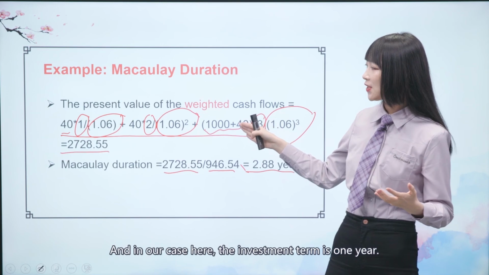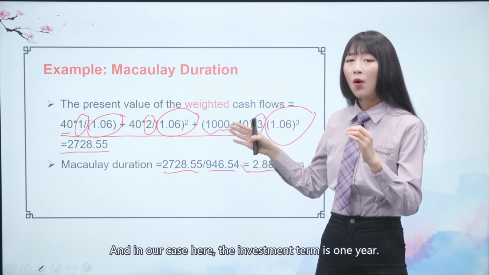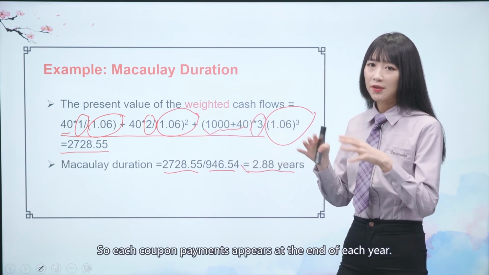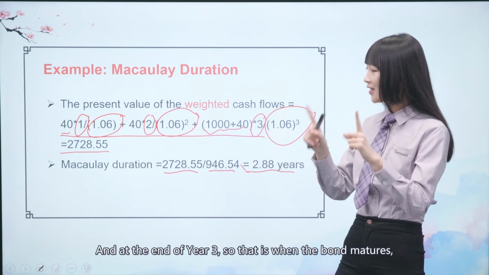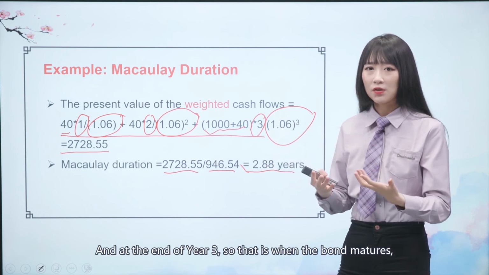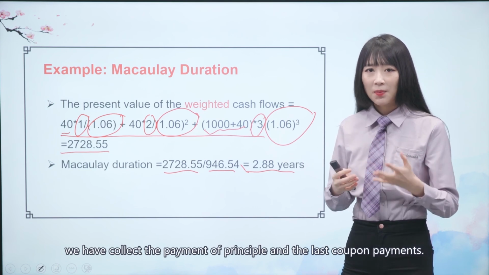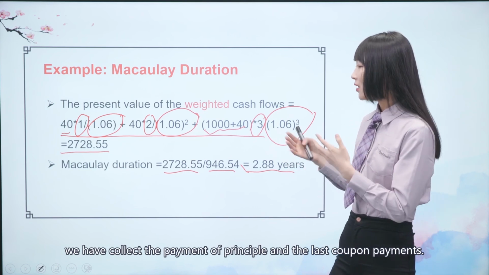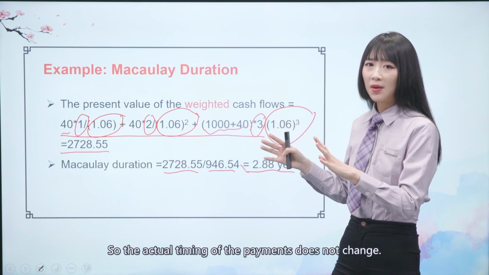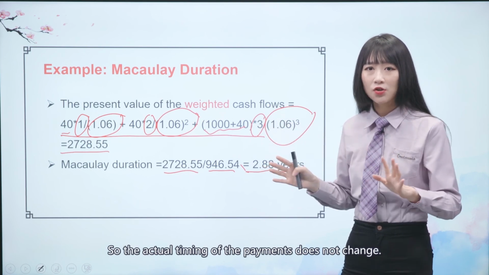And in our case here, the investment term is 1 year. So each coupon payment appears at the end of each year and at the end of year 3. That is when the bond matures, we collect the payment of principal and the last coupon payment. So the actual timing of the payments does not change.